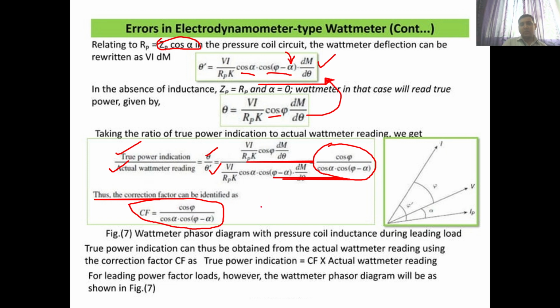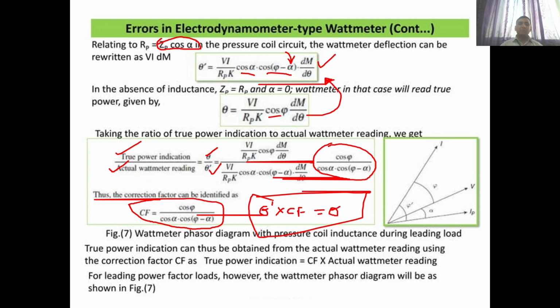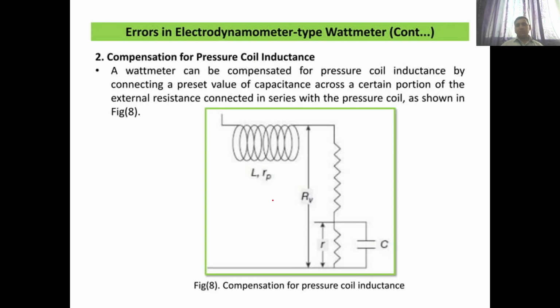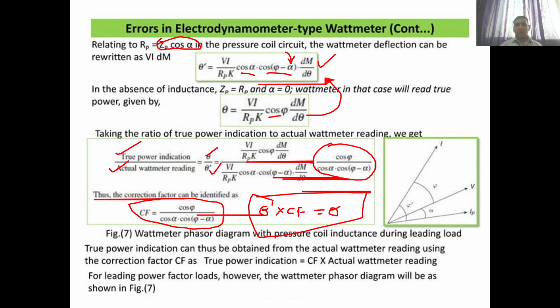Whenever we have the actual reading, theta dash, we have to multiply it by the correction factor to get the theta value. Theta dash must be multiplied with the correction factor, which is cos phi upon cos alpha cos(phi minus alpha).